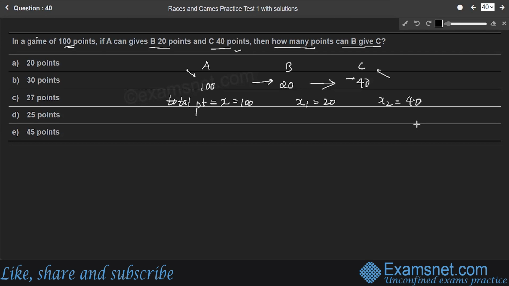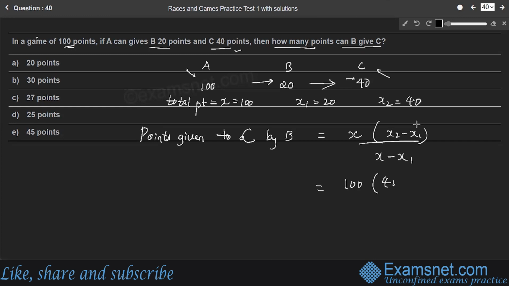Points given to C by B is equal to, the formula says, total points x into x2 minus x1 divided by x minus x1. So here the total points is 100 into x2 is 40 minus x1 is 20, divided by x, which is 100, minus x1, which is 20.